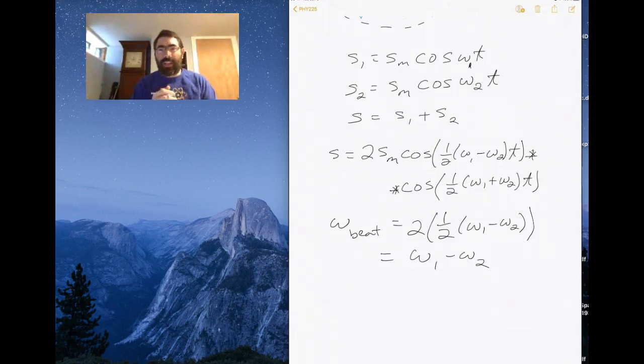So if you're trying to plan out exactly how to get that structure so it's nice and appealing to the ear, you could basically calculate the differences in the frequencies to get the beat.